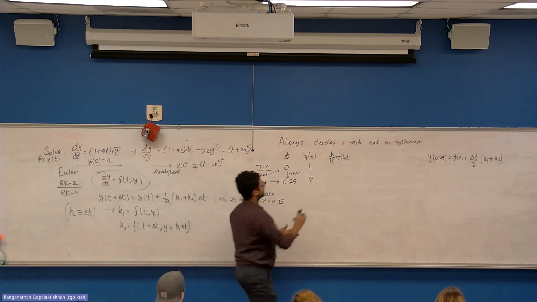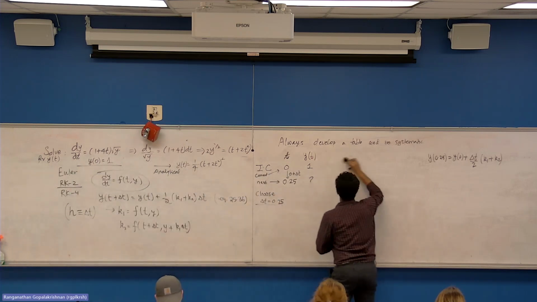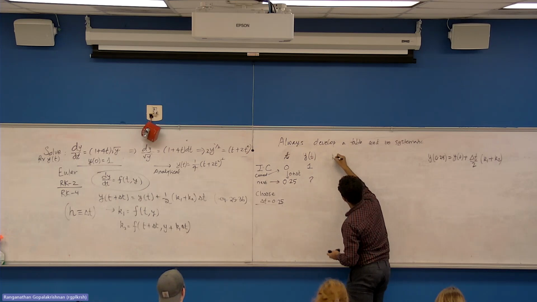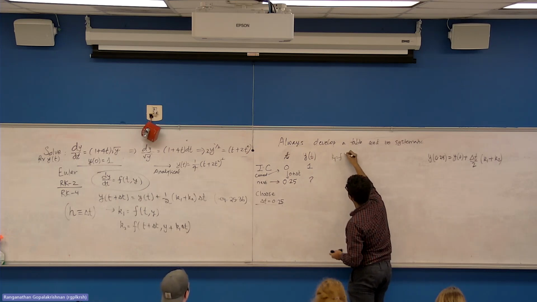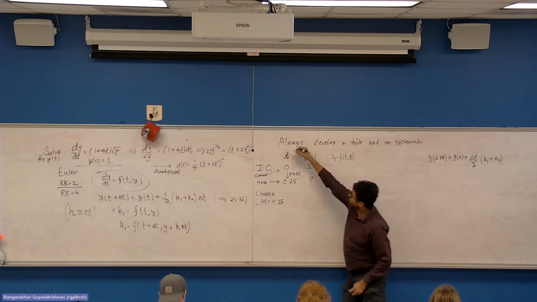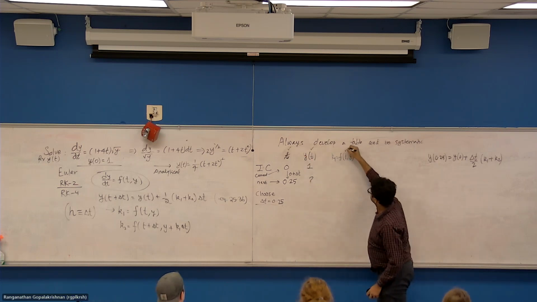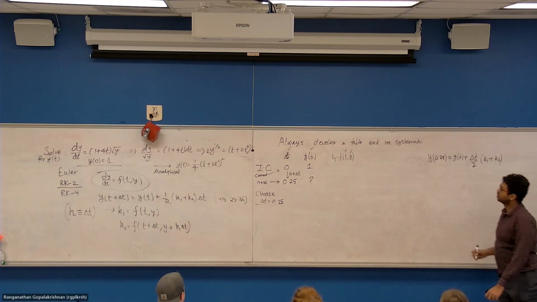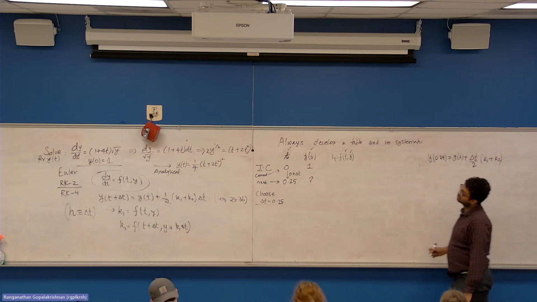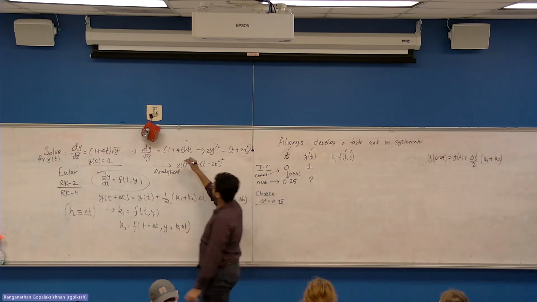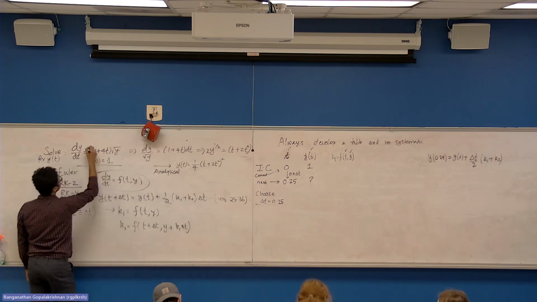So to be organized, I'll suggest this. This is your k1. K1 is the function at time and y at these two. So what is the function? This is the function, this is f of t.